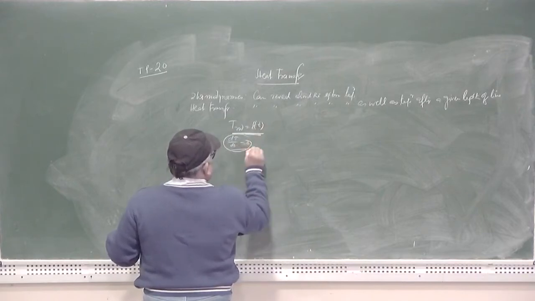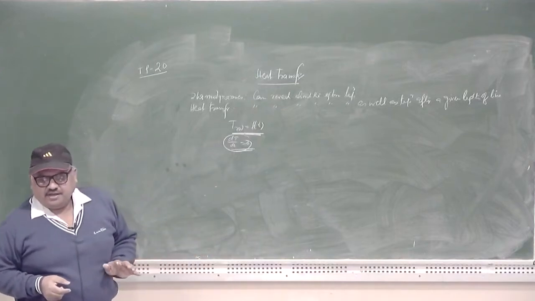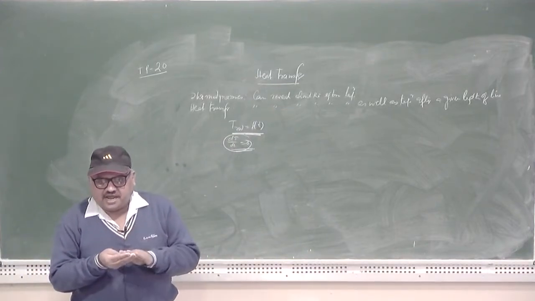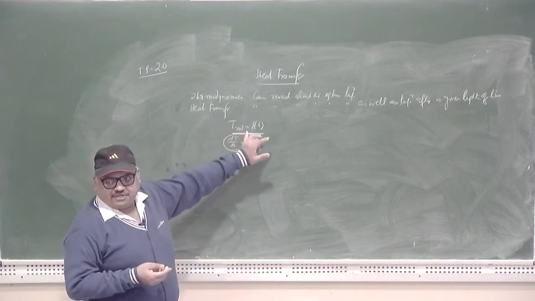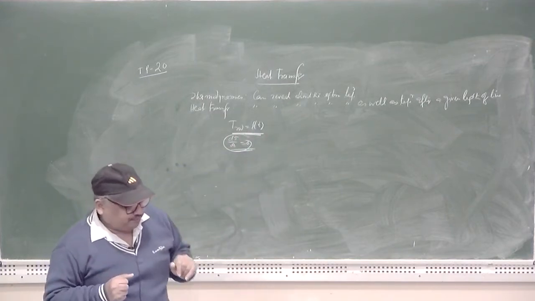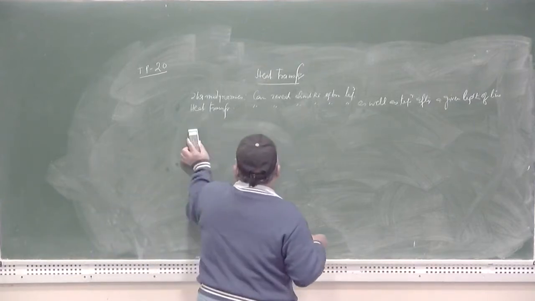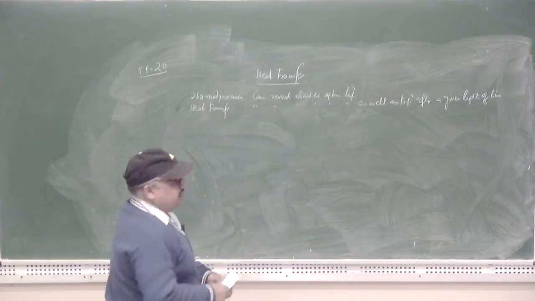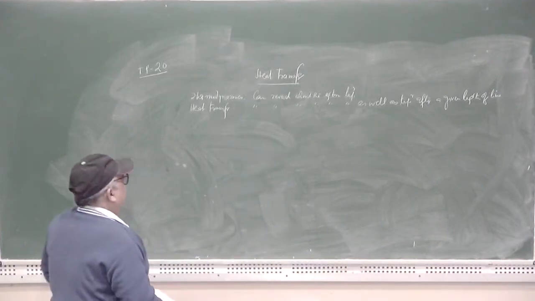So, equating this equal to 0, we will obtain the equilibrium temperature that can be attained after a certain time. By putting that time in this expression, temperature of the rod as a function of time, you will get the equilibrium temperature. So, heat transfer enables us to determine the equilibrium temperature as well as the temperature of the rod at any instant of time.